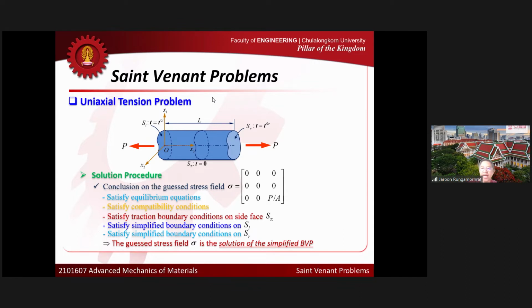So now I can say that the gauge stress field here is the solution of the simplified boundary value problem. I would like to emphasize that this is the solution of the simplified boundary value problem, not the exact or original boundary value problem, because we didn't look at the traction at any point on the cross section.